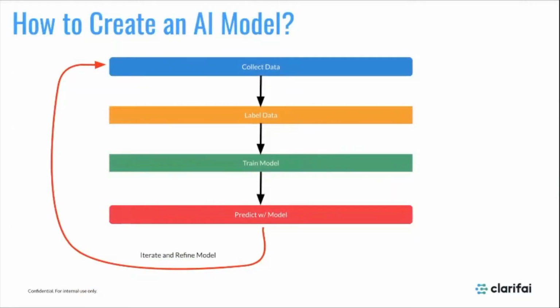The overall process of creating an AI model is technically more complex than this, but the big steps are these 4 big things, and we're going to walk through all of this really quickly in the lab today. The first one is collecting data, getting the right amount of data so that we can train the model. Then labeling the data, of course.